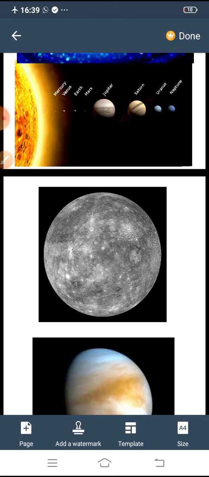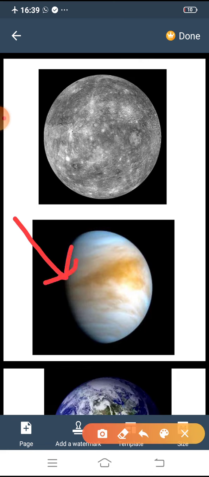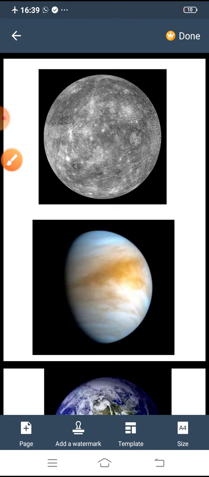Then the second planet is called Venus. This is Venus, the second planet from the Sun, at an average distance of 108.2 million kilometers.